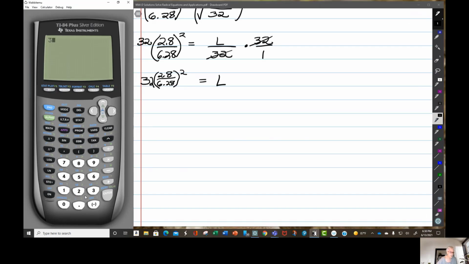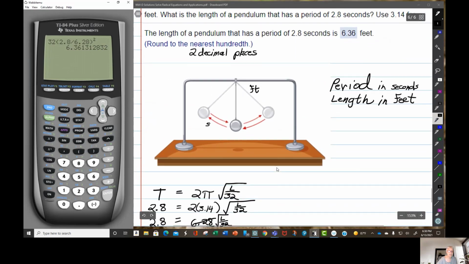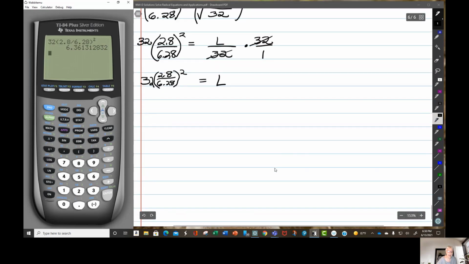Clear. 32 parentheses 2.8 divided by 6.28 close parentheses square. Enter. Now the answer should be 6.36. And it is! Yay!